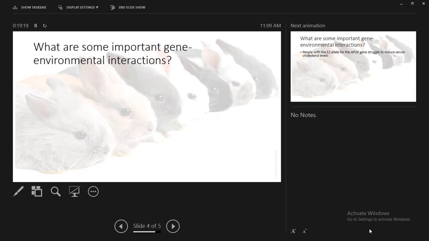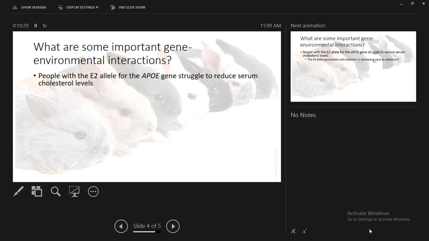Okay. So the next question, what are some important gene-environment interactions beyond smoking, when the environment is something different? All right. So here's this gene again, the APOE gene. In this gene, there's a specific variant called the E2 allele.